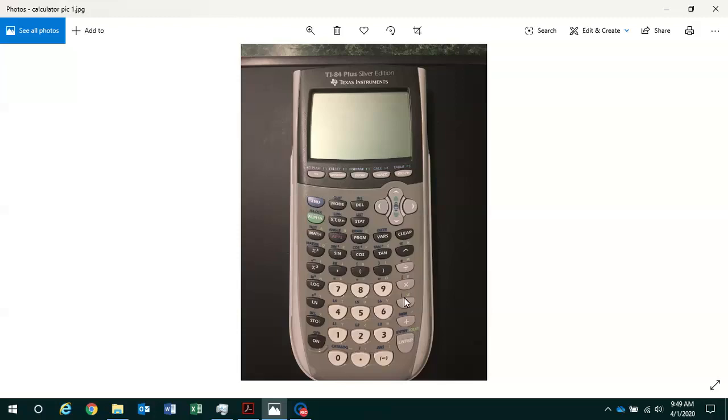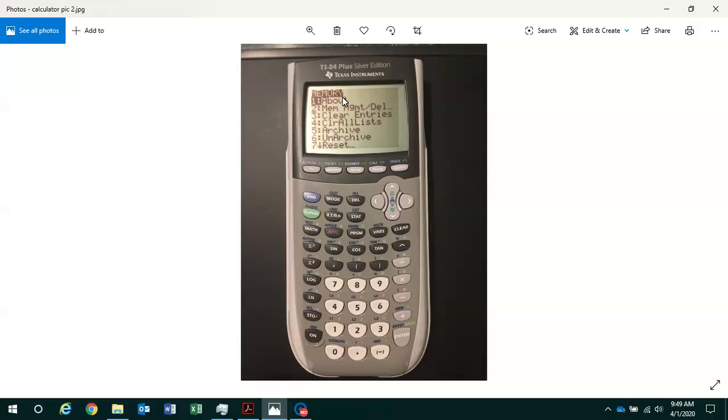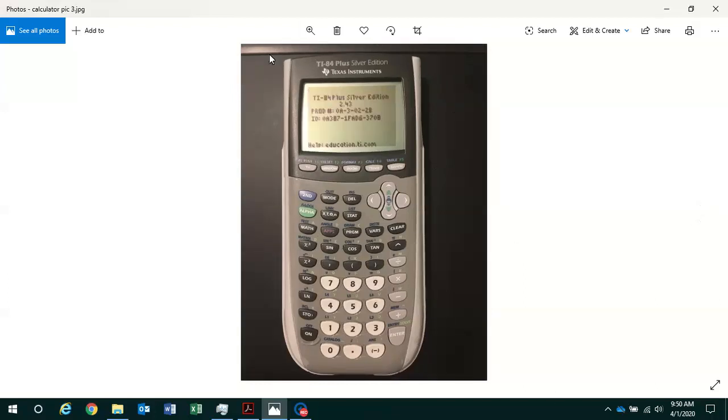You hit the blue second key and the plus sign, and that'll take you to memory. Under memory, there's a category called About. Make sure that's highlighted and then press enter, and that'll take you to a screen like this one that would tell you the edition of the software you have on your TI calculator.